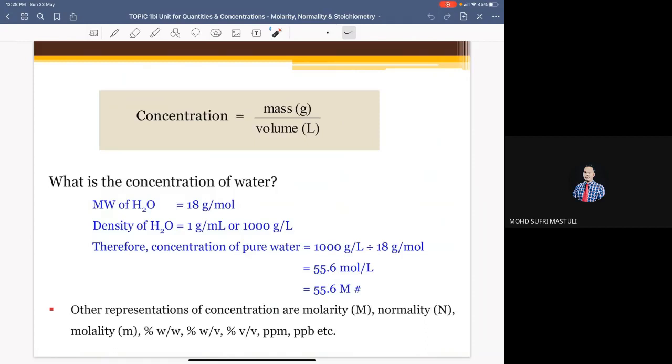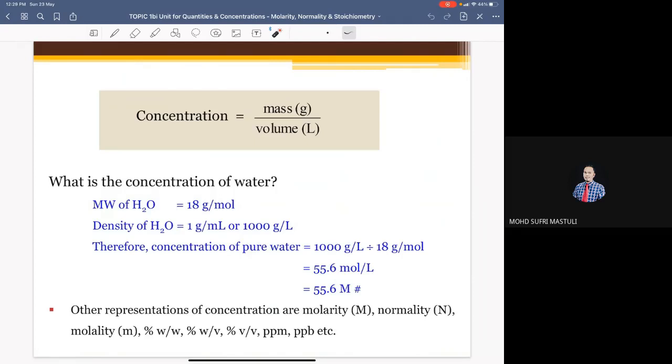The density of water is 1 gram per milliliter or 1000 gram per liter. Therefore, since concentration is mass over volume, we can calculate it from the molecular weight of water and the density of water.